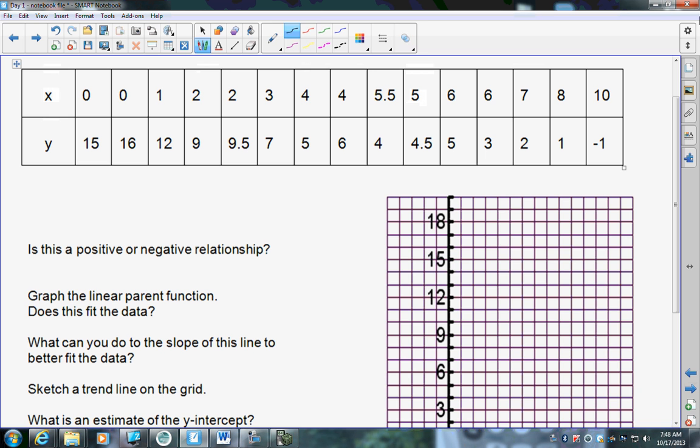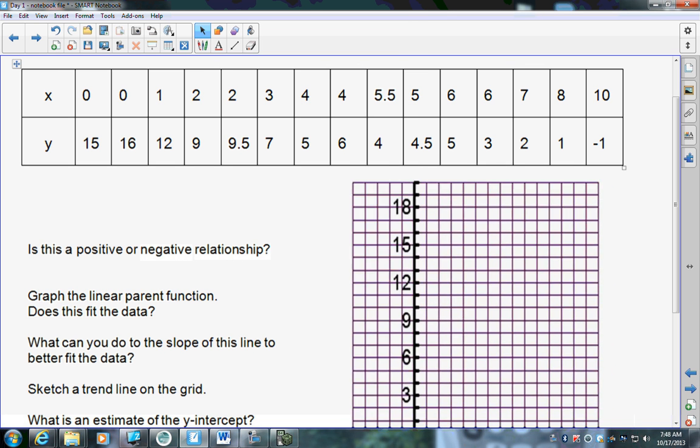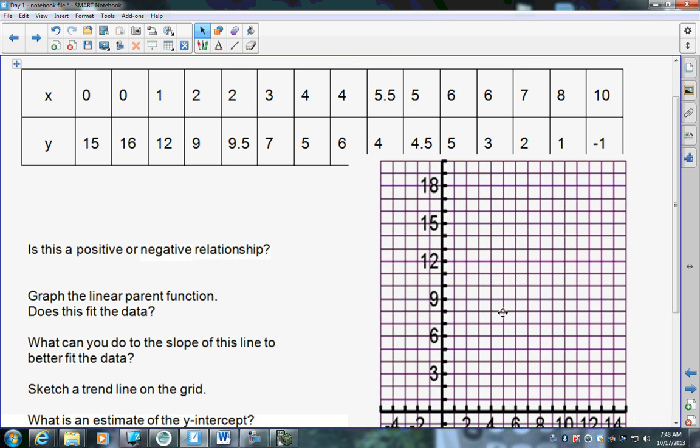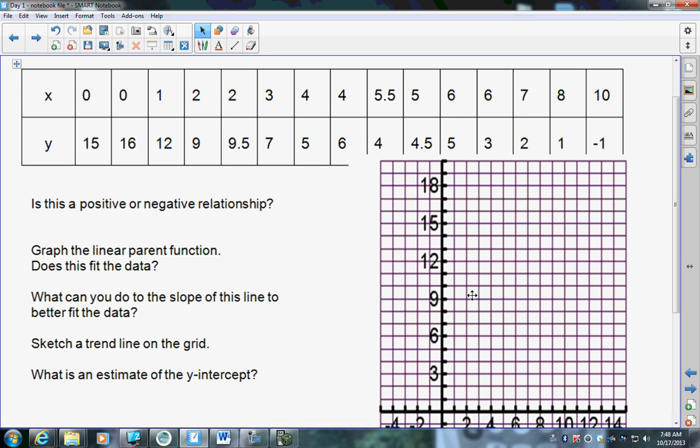Let's go ahead and start graphing your points. I'm going to adjust my window here so that I can try and graph it. Okay, so you should be graphing these points.